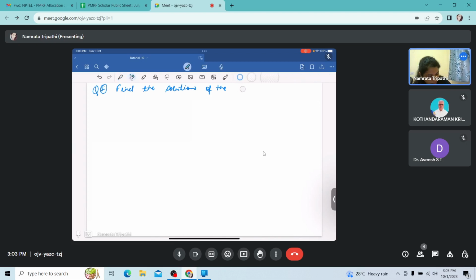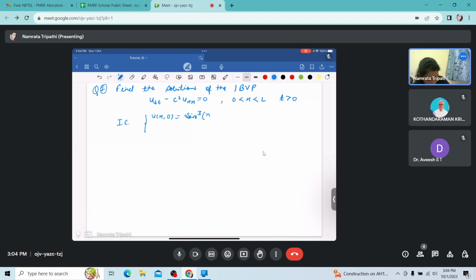Initial boundary value problem. The given initial conditions are u(x,0) is sine of q pi x upon L, and u_t(x,0) is 0.